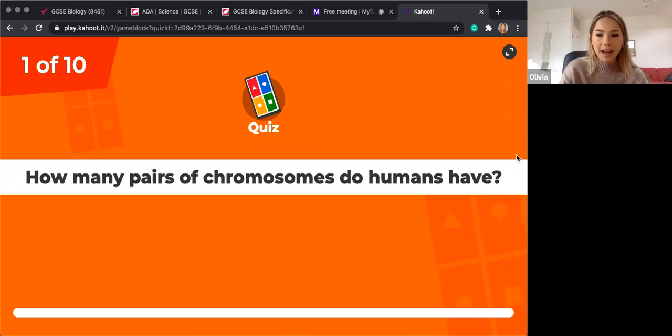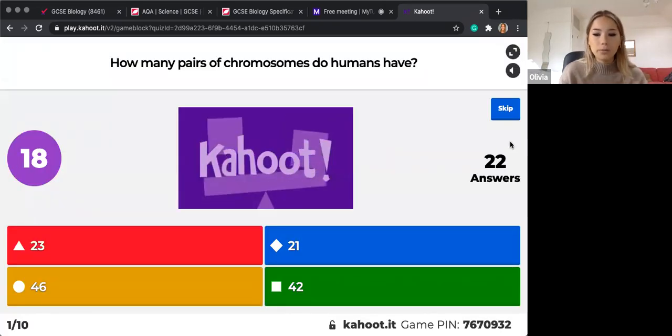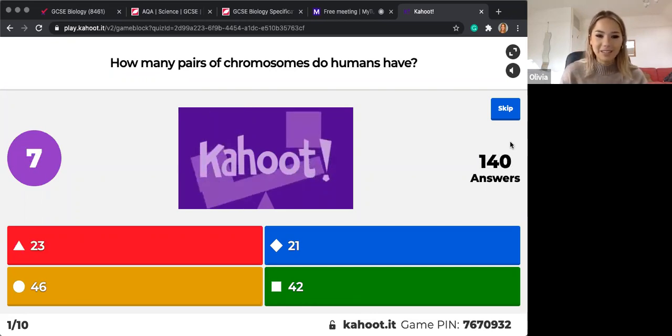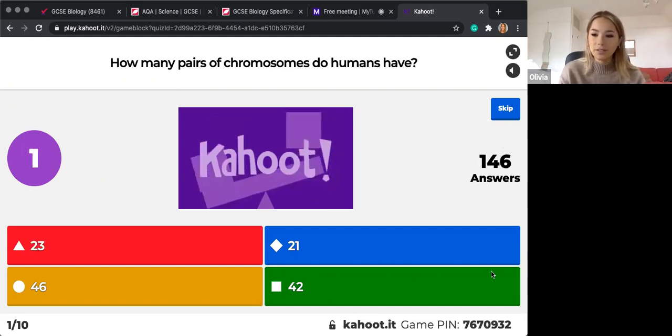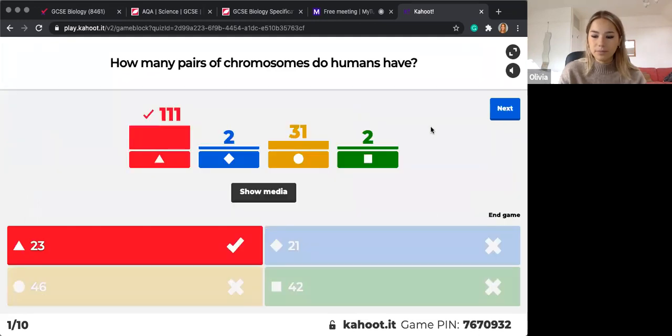So question 1, how many pairs of chromosomes do humans have? Remember, key word here is pairs. So hopefully I'm really drilling that point into you now. Is it 23, 21, 46 or 42? Good.